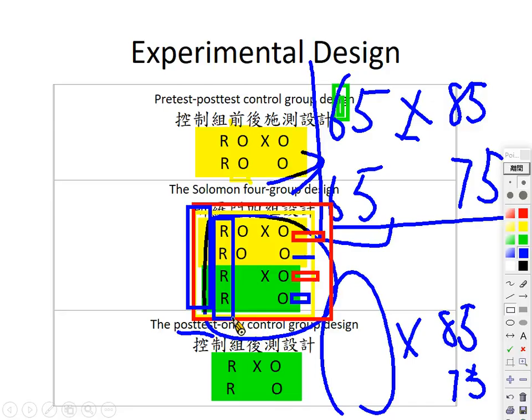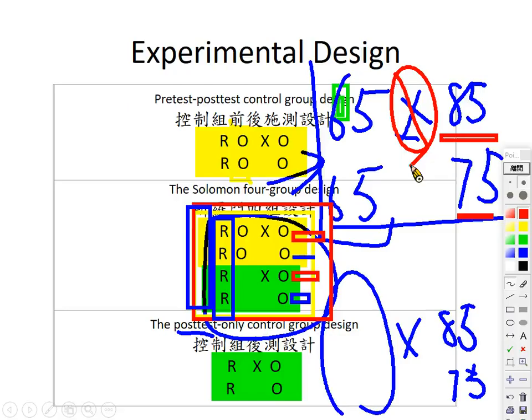However, in our social study, we still try to identify the causal-effect relationship. For example, over here, the difference between these two is highly attributed to the effects of the treatment, right? So X is the cause. The difference between 85 and 75 is the result, causal effect relationship.